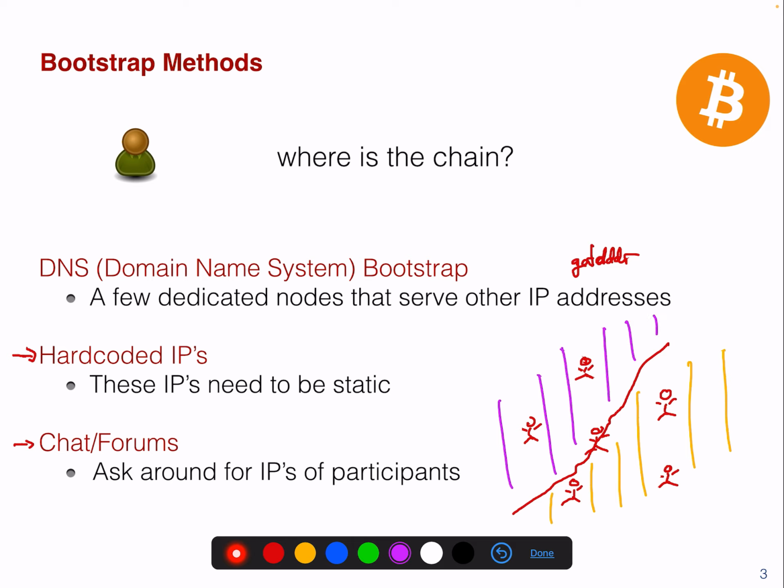And the difficulty of the purple chain, let's say, is bigger than the difficulty of the orange chain. So for an adversary, it's actually easier to perform an attack on the orange side than on the purple side because the difficulty is lower. So it's easier to mount double spending attacks.